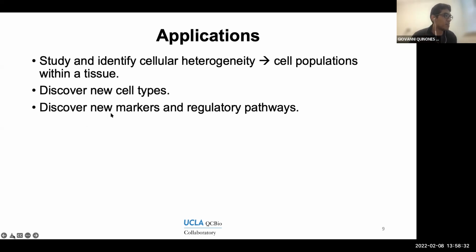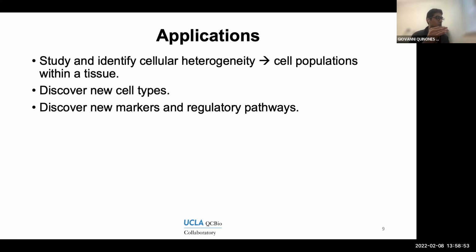To discover new markers and regulatory pathways. So through the analysis of single cell RNA sequencing, as you'll see in much more detail tomorrow, what makes cells different from each other is this transcriptomic fingerprint, meaning the genes that are getting expressed.